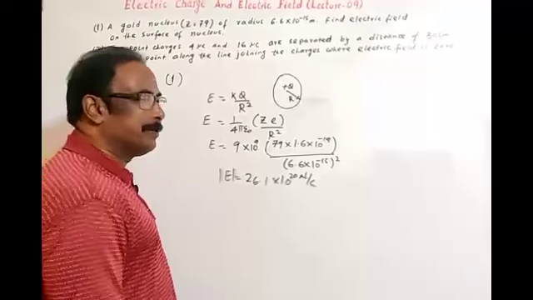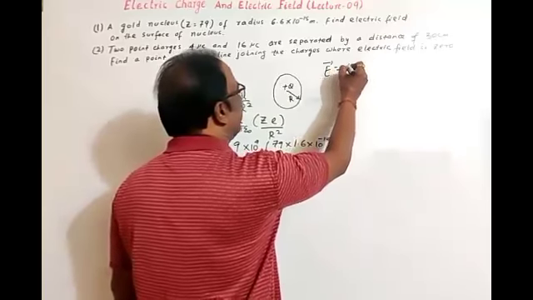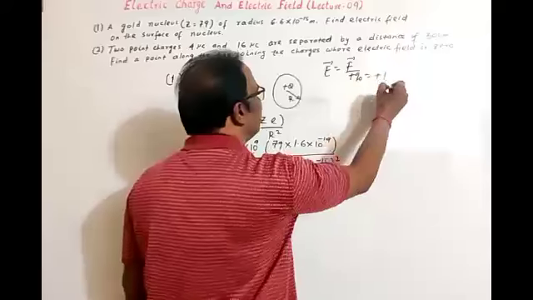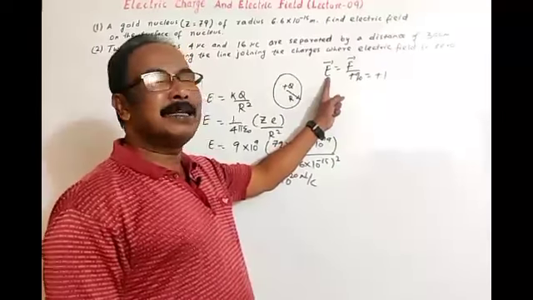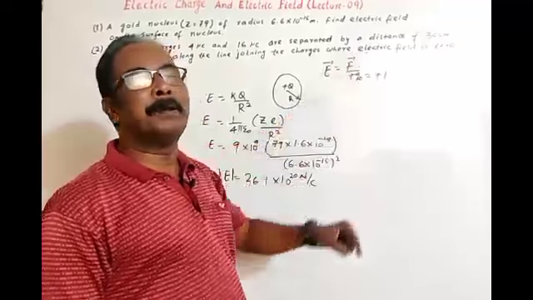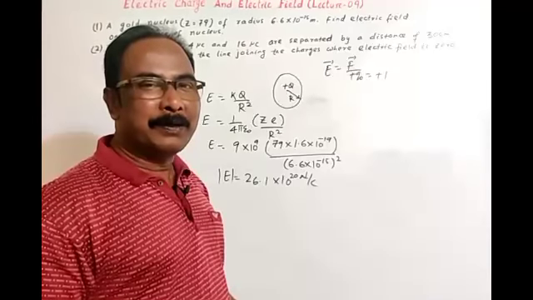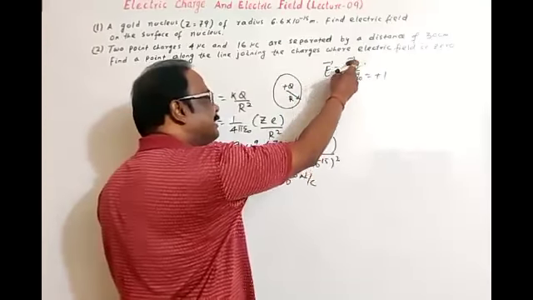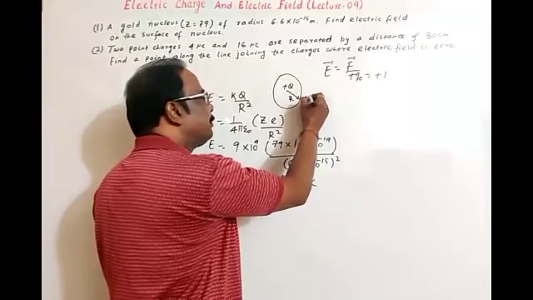Again, to know direction, as we know, electric field intensity is defined as force experienced by unit positive charge. Thus magnitude and direction of electric field intensity due to a point charge is same as that of magnitude and direction of force experienced by unit positive charge.